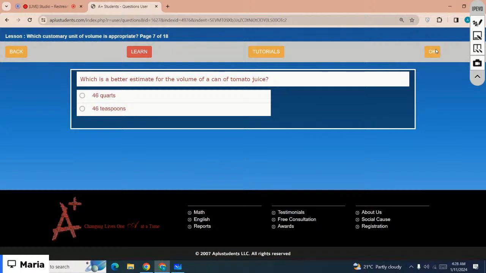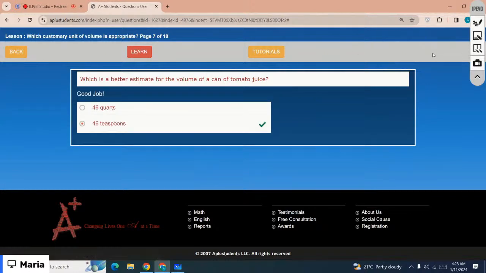Which is the correct option? 46 quarts. That is a can of tomato juice, right? I think that is 46 teaspoons. Quarts is a bigger unit.